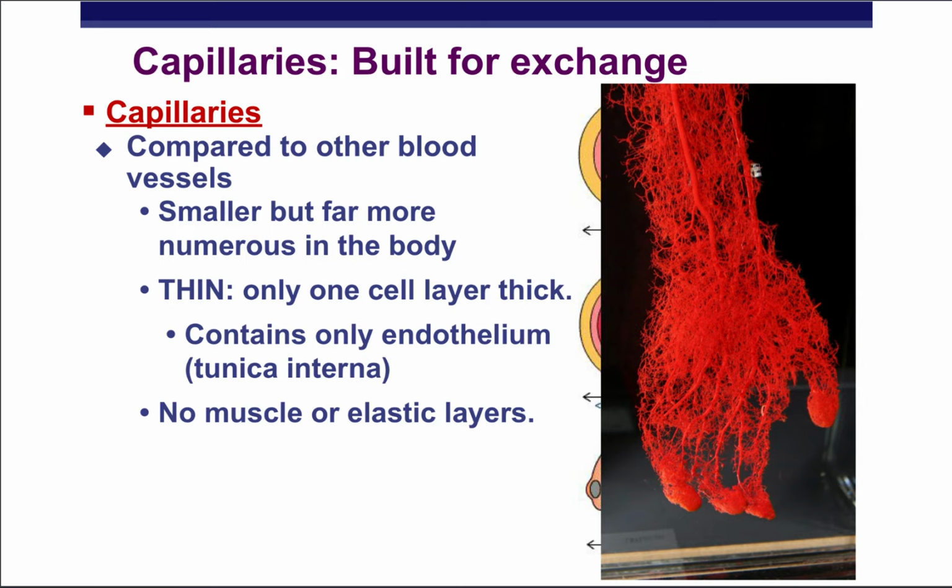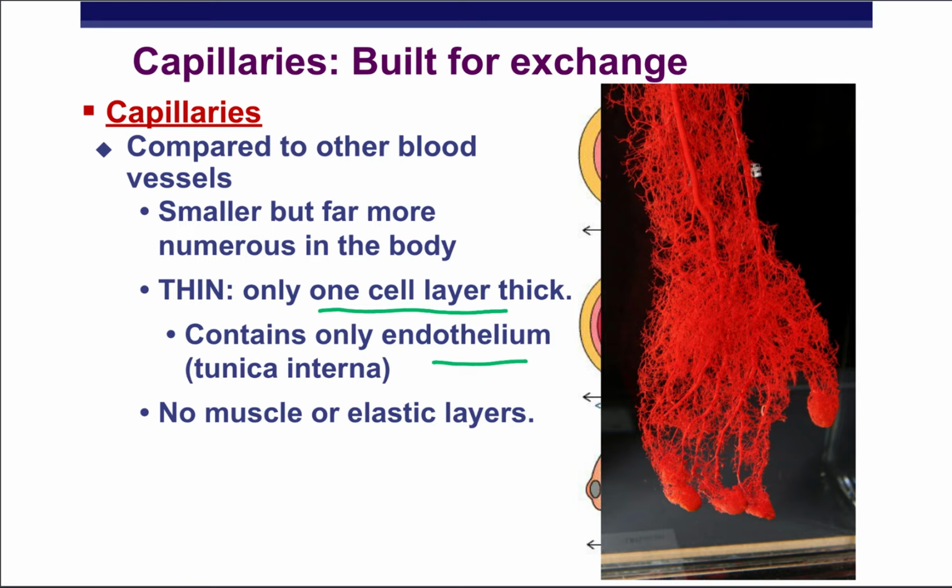Okay, so your capillaries compared to your veins and arteries, because they're meant for exchange, have to be incredibly thin. They're so thin, they're only 1 cell layer thick, and they only consist of the inner cell layer that's found in veins and arteries. It's called the endothelium, which is also known as the tunica interna, which I'll show you on a later slide.